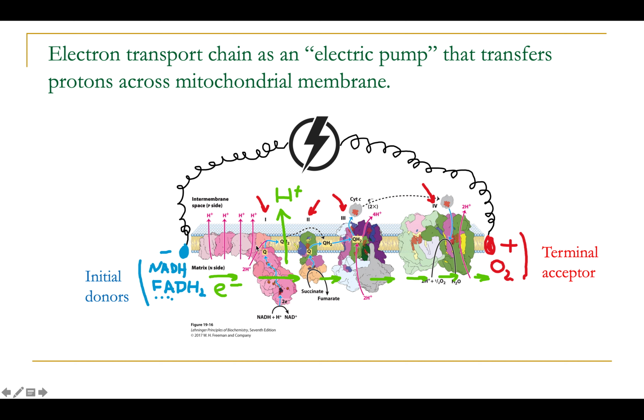And these conformational changes in turn allow the conformational cycles within complexes such that they could accept protons on the inner side of the inner mitochondrial membrane, within the mitochondrial matrix, and release them to the outside of the inner mitochondrial membrane.